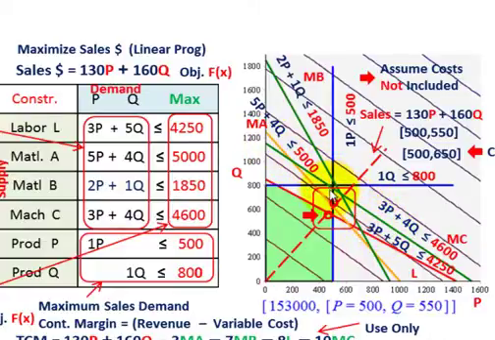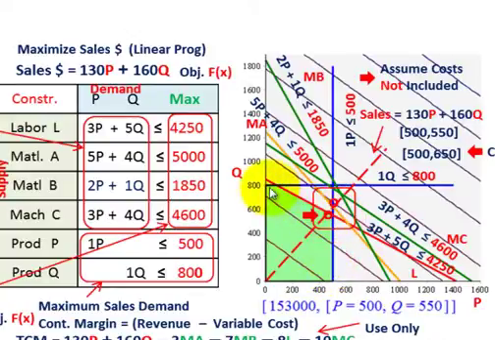So really what you're doing here, and remember, we're assuming the costs are not included. All we're doing is taking our sales, the price per unit, adding those together, and that gives us a gradient line. That's really the slope of that line. But what we're trying to do is come up with our constraints.